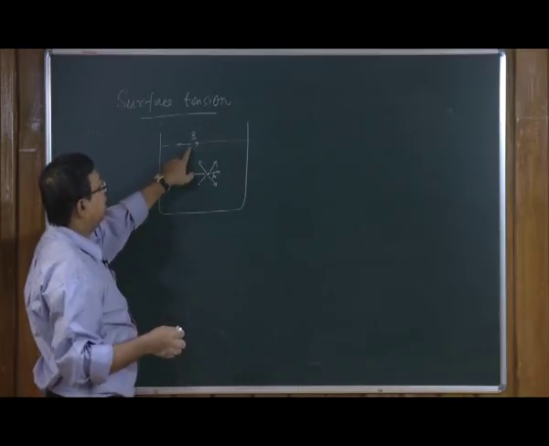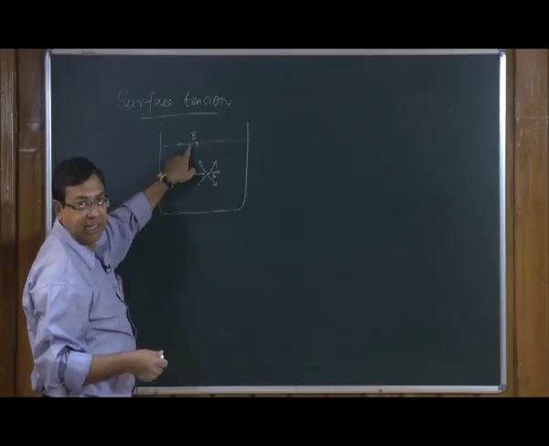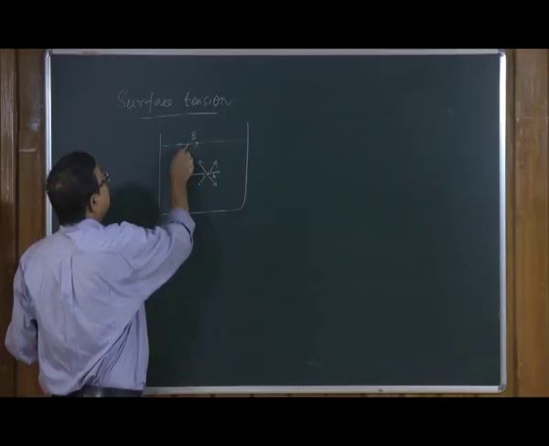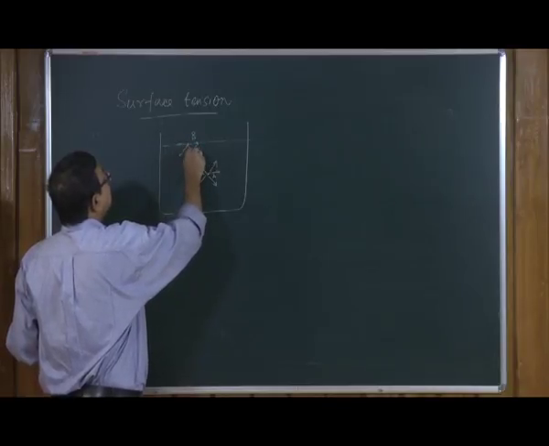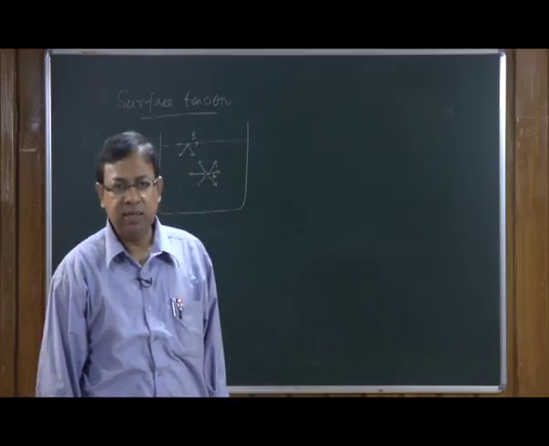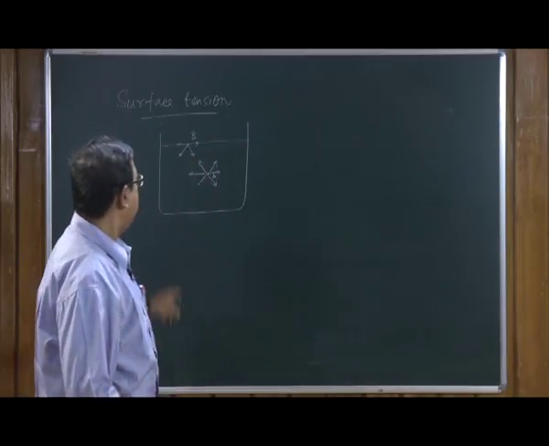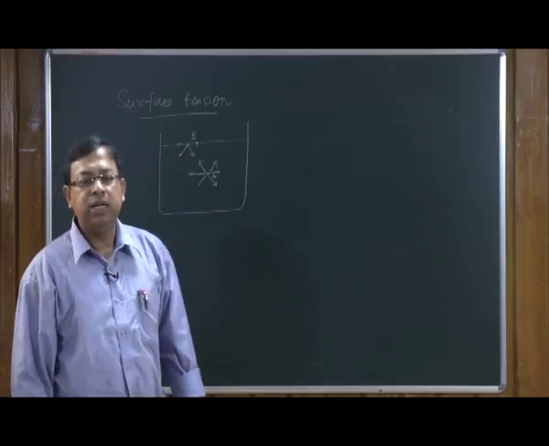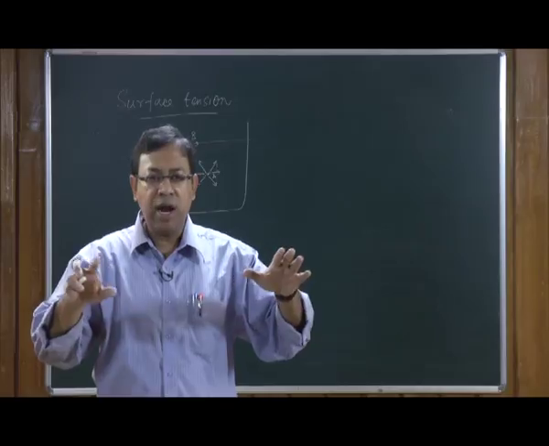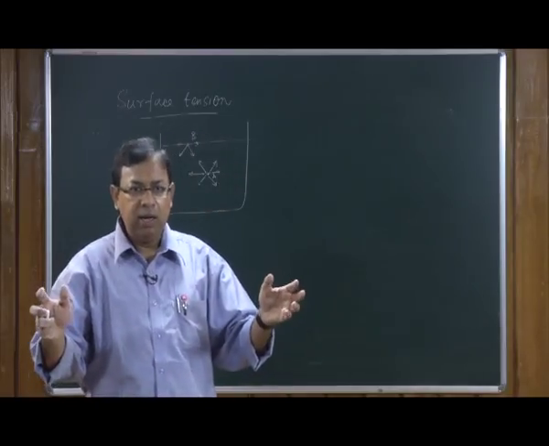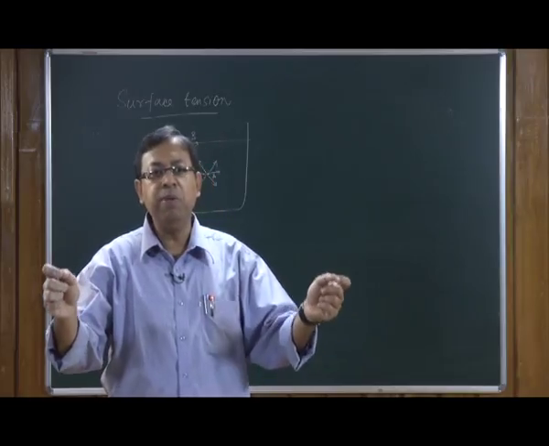So, the force lines parallel to the surface are oppositely directed, and also there will be forces which will not be balanced by upward forces, and because of these forces downward, the liquid surface is trying to compress a little bit and the area will be minimized.